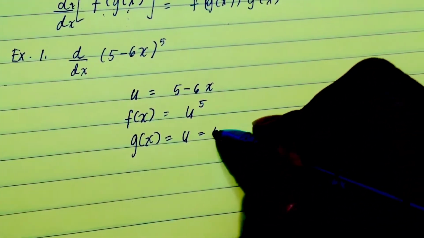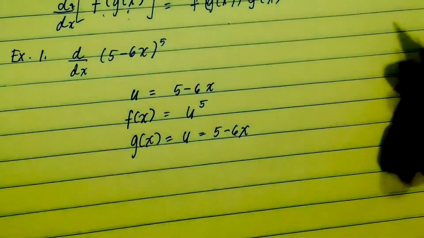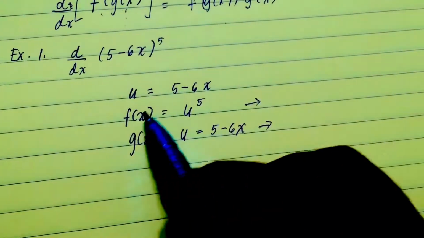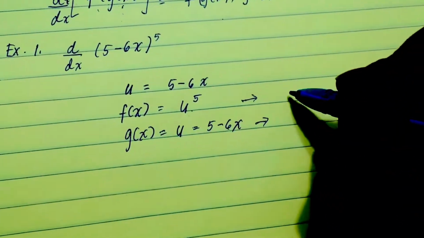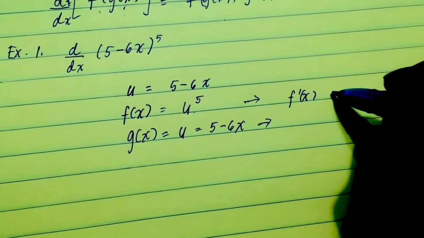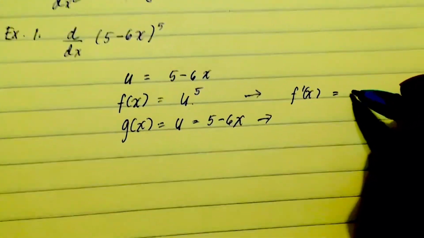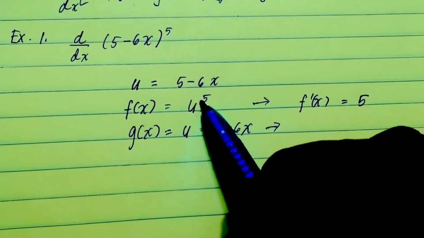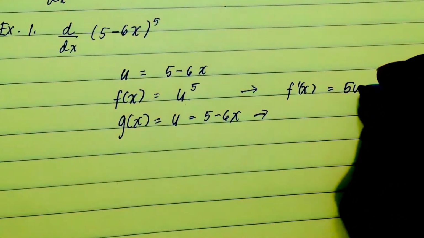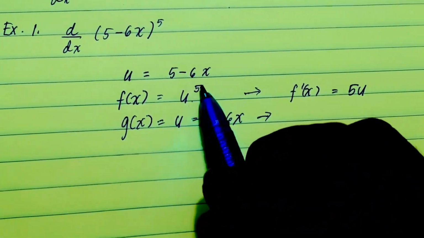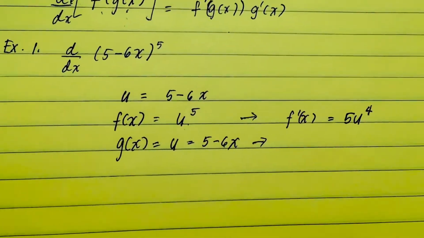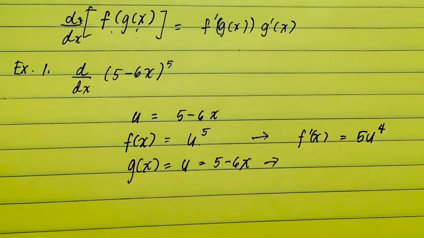That means 5 minus 6x. Now when you find the derivatives of this and this, the derivative of f of x is equal to 5, there is a power 5, then u, 5 minus 1 is the 4th power, right?